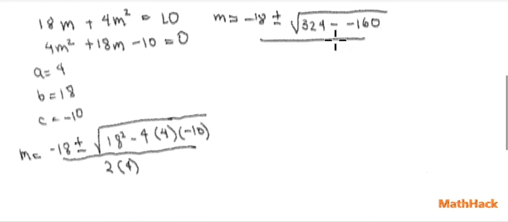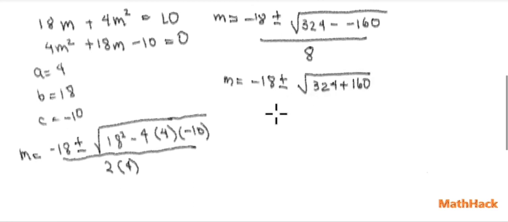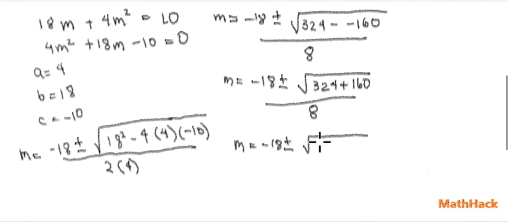Then we have 8 sa denominator kasi 2 times 4. Simplify further, we have m equals negative 18 plus or minus the square root of 324 plus 160. Okay. And then divided by all over 8. Yan. So we have m is equal to negative 18 plus or minus the square root of 324 plus 160 is 484. No?